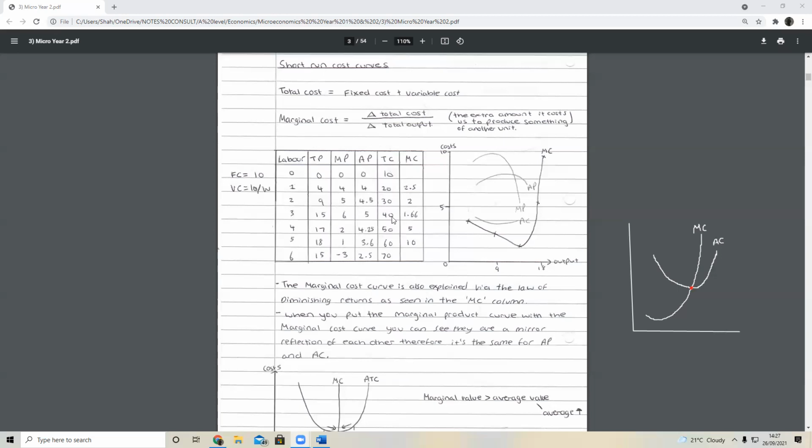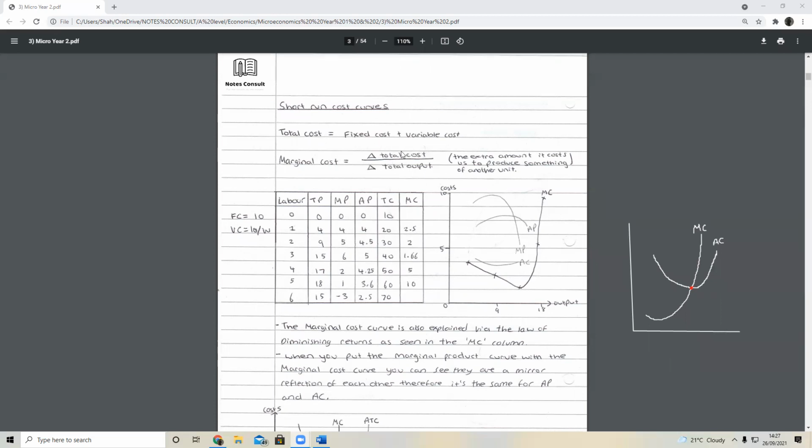Now, marginal cost, you would think it would just be 10, right? But remember, with marginal cost we have to look back at the formula. It's the extra amount it costs us to produce another unit. And so we have to look at the change in total cost divided by the change in total output.